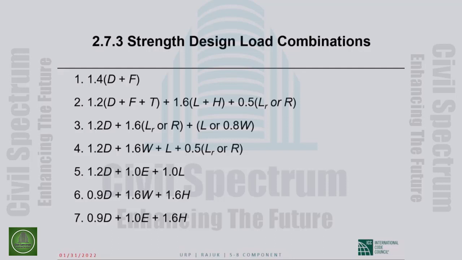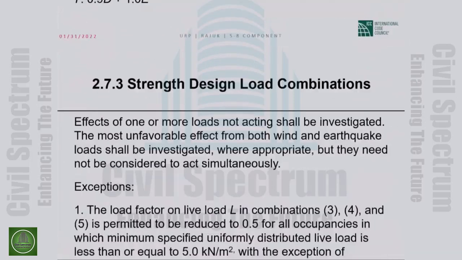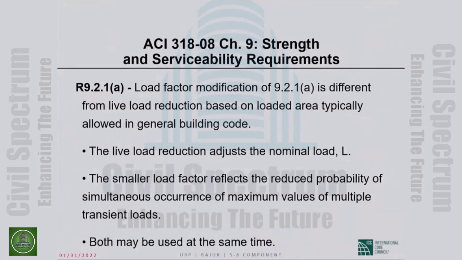However, if horizontal earth pressure causes overturning moment in a direction opposite to that of bending moments caused by dead loads or wind, now horizontal earth pressure is counteracting the effects of the other two. Now we will not take a load factor of 1.6 on H. The load factor on H will be 1.0, not 1.6. Very important. Okay, so that is exception number 2.